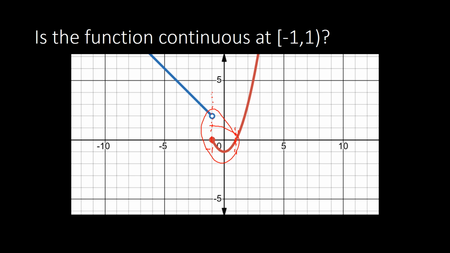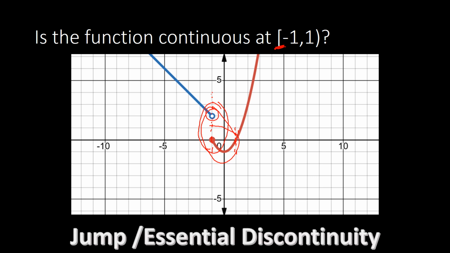Checking that graph, take note our -1 there has a closed symbol, which means we include these 2 endpoints, showing that this one is a hole and this 2 has a gap or a break. That means this is discontinuous at that particular interval. This is an example of a jump or essential discontinuity.